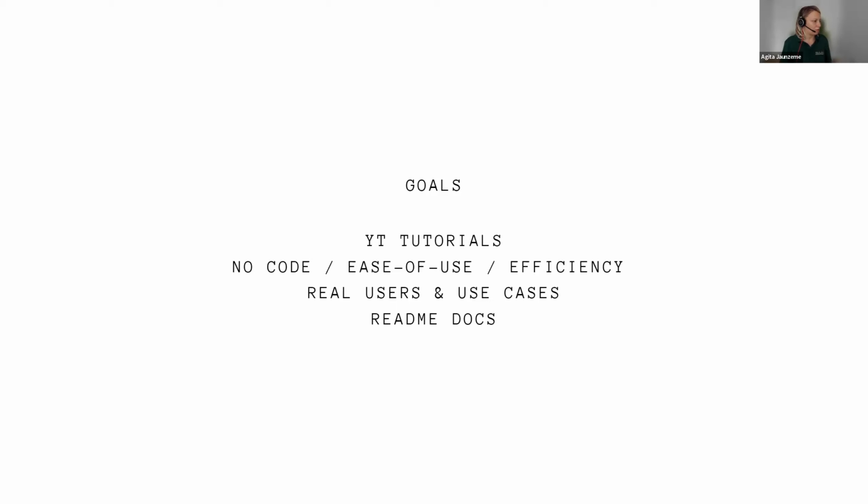Then one of the main focuses is no code, or ease of use and efficiency, so fast to get started and possibly no-code getting started. Then with the features, we decided that for each new feature that we decide to implement, we have a real user or use case, and we know that it's going to be used. And yeah, improvement of README documentation.